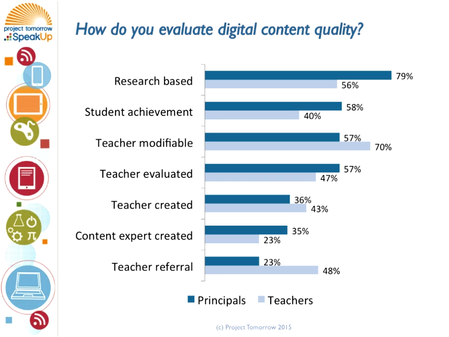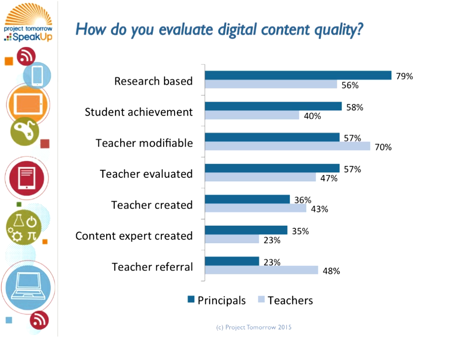From the principal perspective, the one that was most important to the principal was the idea that the content would be research-based. So it would have some level of authenticity or accuracy, or had been researched to yield the types of student achievement that the principals wanted within their school. Now, from the teacher perspective, the number one marker for them was that it could be modifiable. So that gets right to their idea of how they were going to use it in the classroom.